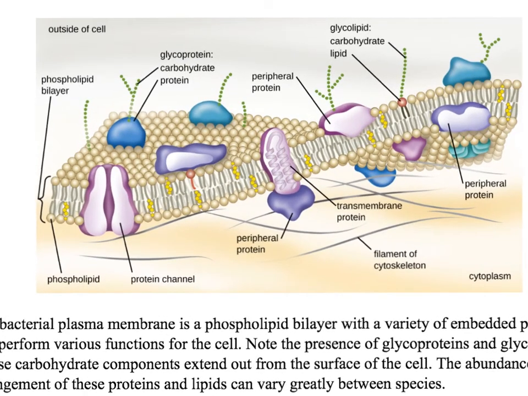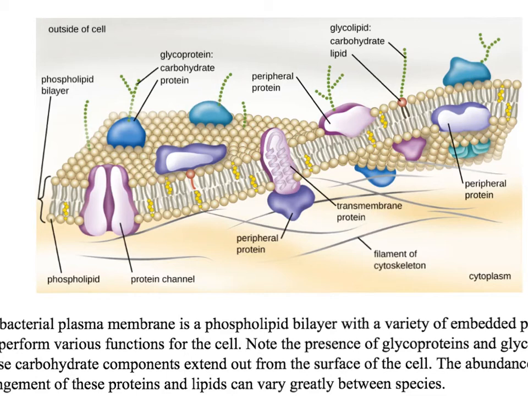All right, so the things that you should be remembering about a cell membrane are phospholipid bilayer, right? That we've got the hydrophobic tails on the inside, polar heads on the outside. We've got proteins that we call transmembrane proteins that reach all the way across the membrane. Then we have peripheral proteins which are associated with the surface.